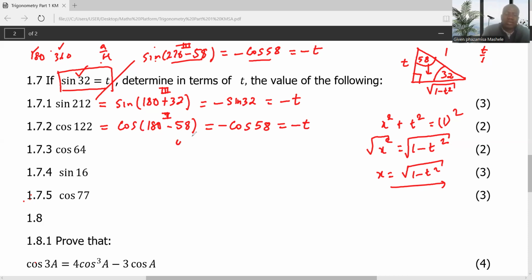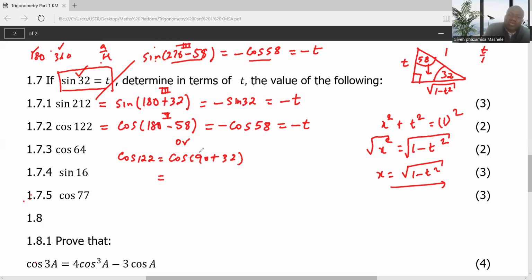Another way you can use is 90 plus. You can say cos 122 is the same as cos of 90 plus 32. 90 plus 32 is also the same as 122.